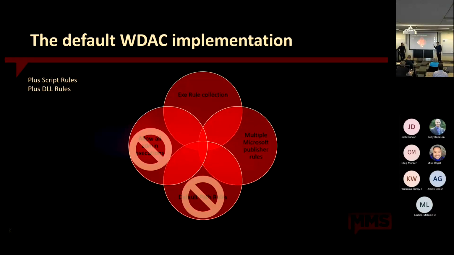As you can see, we start from quite different places. This is EXE, DLL, and scripts all together. AppLocker, its minimal implementation, starts from just EXE. So that's one of the reasons why we think people say, well, AppLocker is easier. Well, yes, you're doing a third of the work.